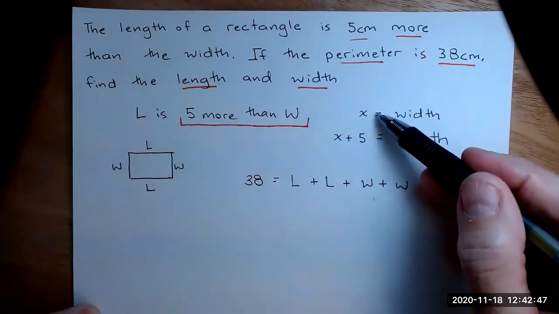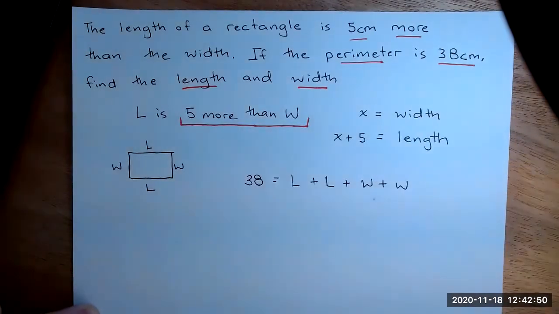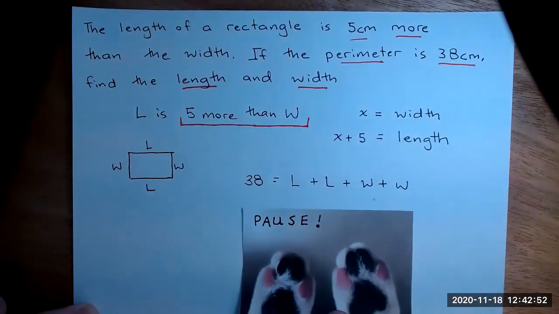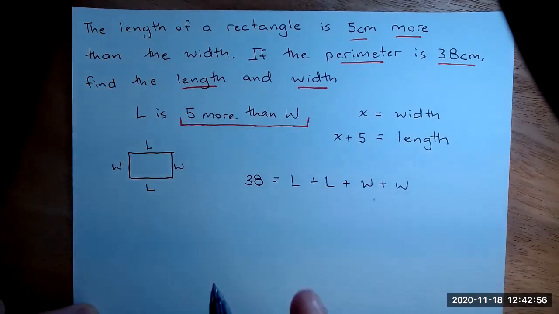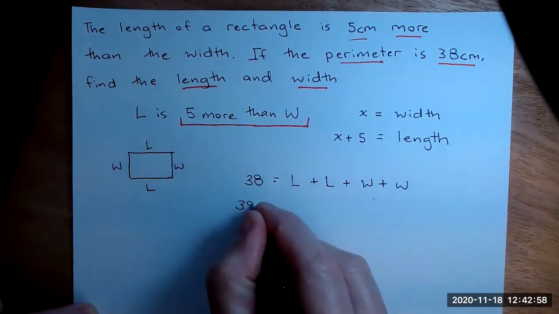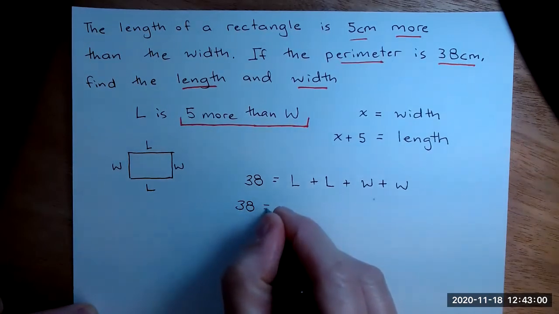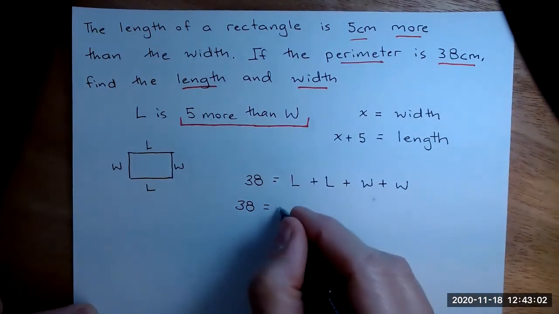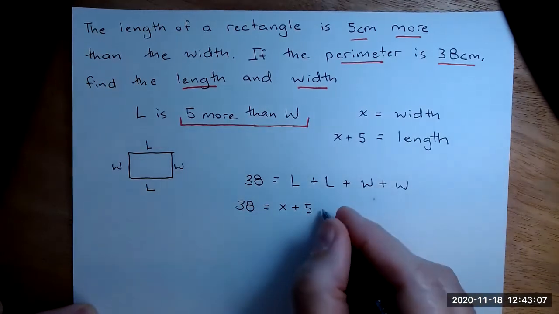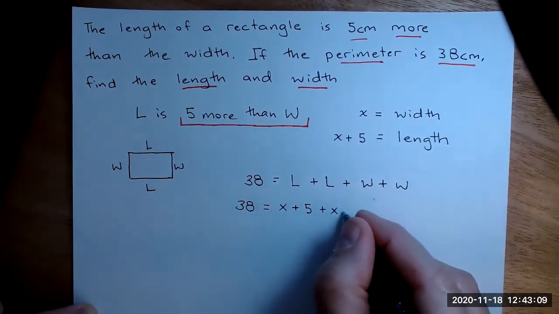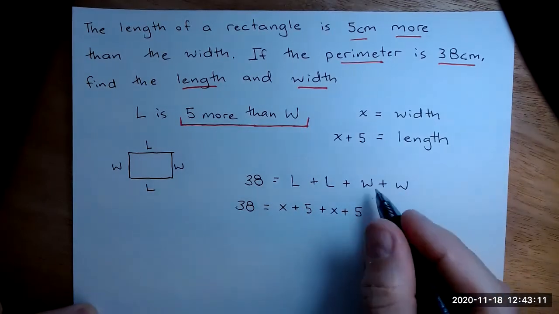But let's rewrite it in terms of x. And again, if you want to hit the pause button and try that. So the length is x plus 5. And then we add the length again. And then the width.